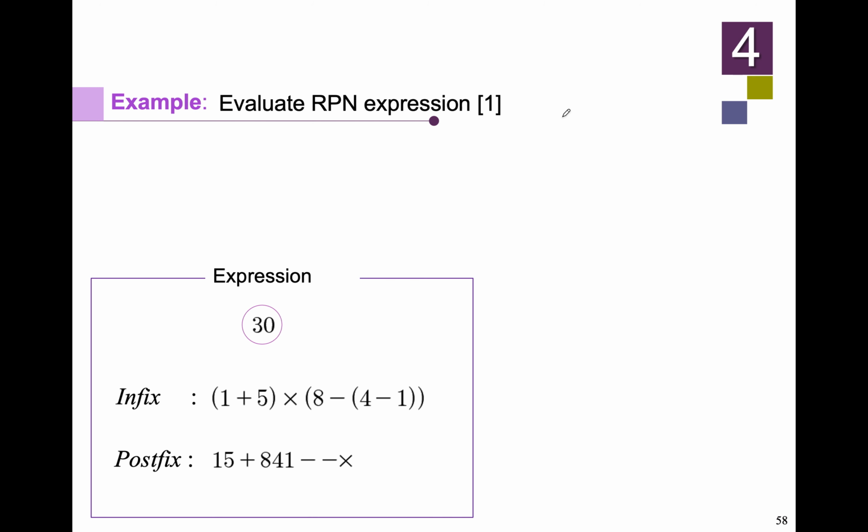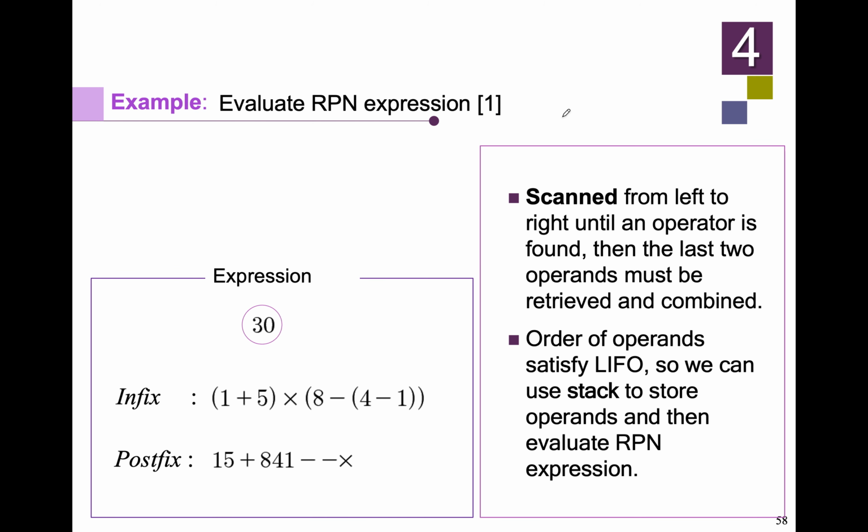So in terms of the example from the slide, you can see you need to scan from left to right until an operator is found. Then the last two operands must be retrieved and combined.